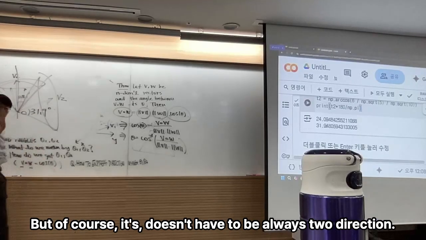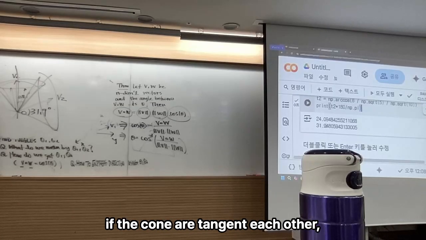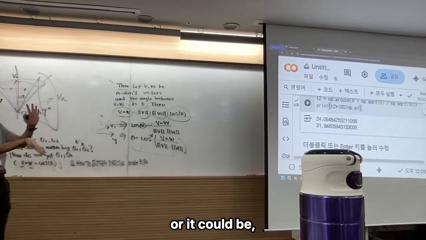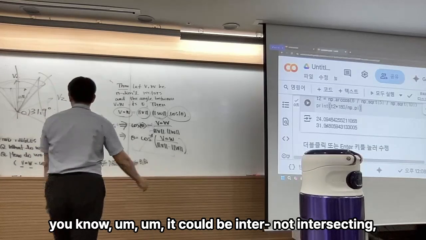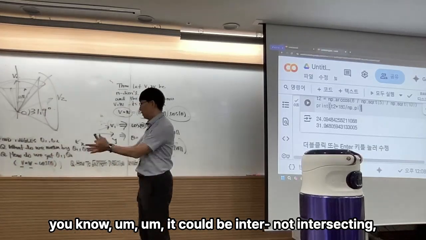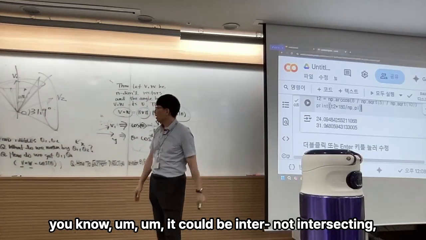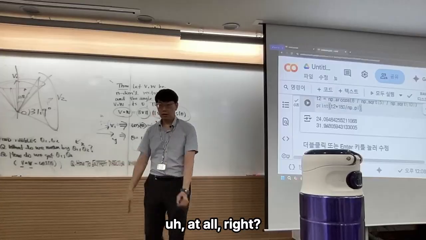Of course, it doesn't always have to be two directions. It could be one direction if the cones are tangent to each other, or it could be not intersecting at all, right?